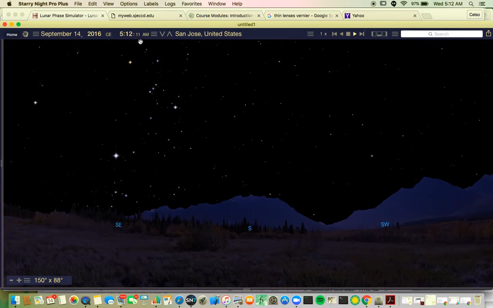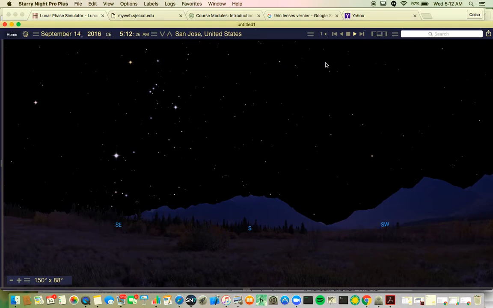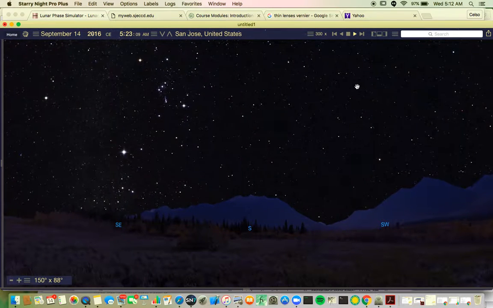But if you have the ability of speeding up the time flow, as you can see here, 5:12:15 a.m., 16, so the time is flowing one second each second. If you speed up this flow, you might start seeing something happening, and that's what we're going to do now. Look at that.